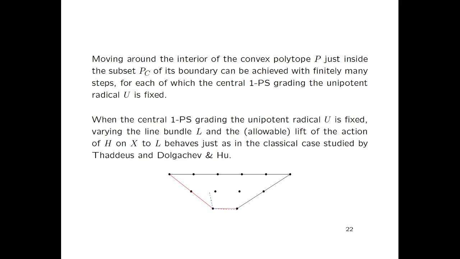So you get this generalization of the classical variation of GIT picture with this slight extra ingredient from varying the one-parameter subgroup.